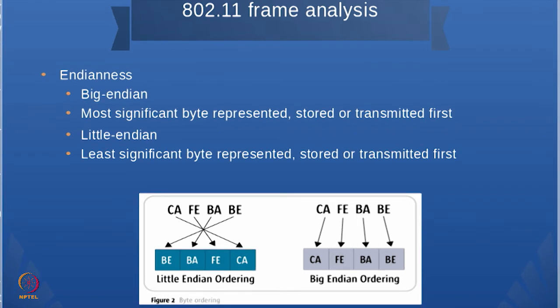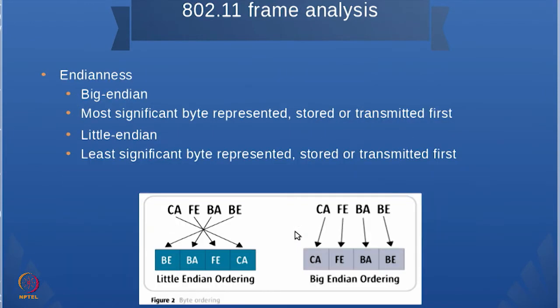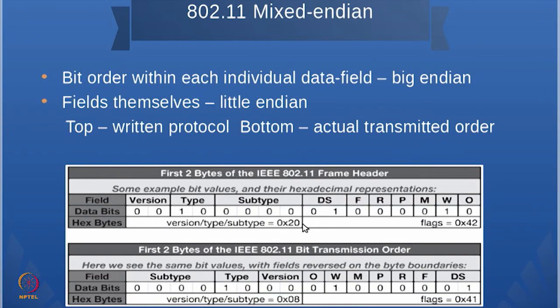Sometimes you could also have a mixed endian format. Here is an example. If you look at the first 2 bytes of an IEEE 802.11 frame header, you see 0 0 1 0 0 0 0 0.